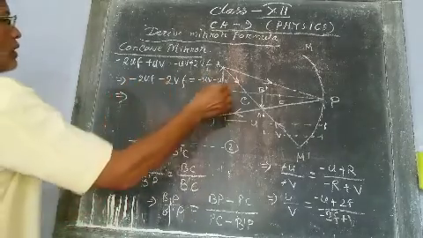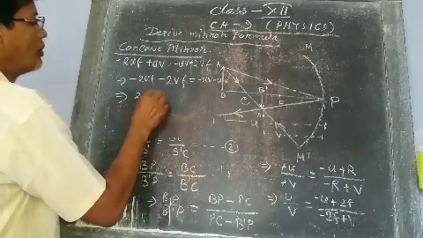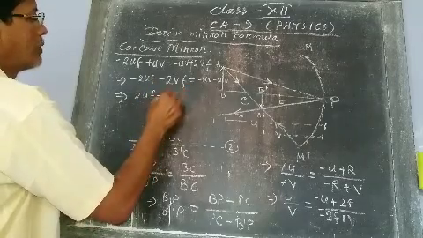So all sides minus cancel. Twice uf minus twice vf.